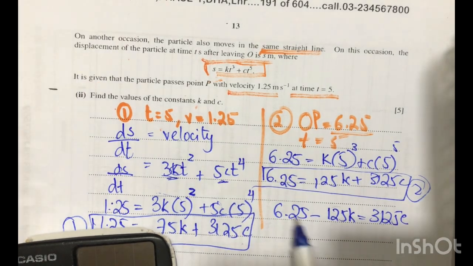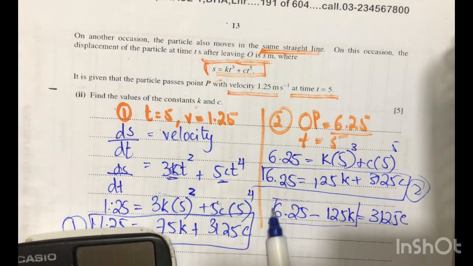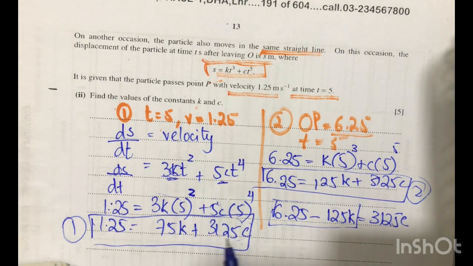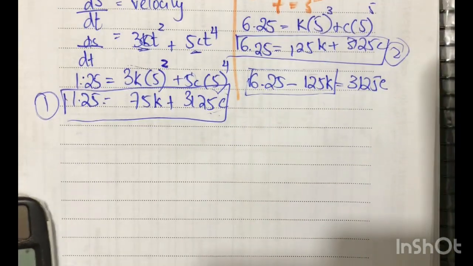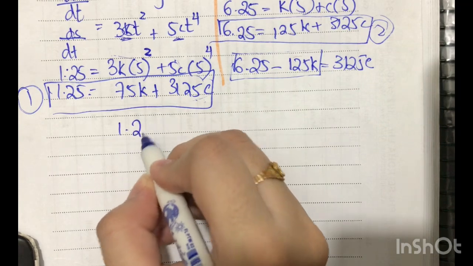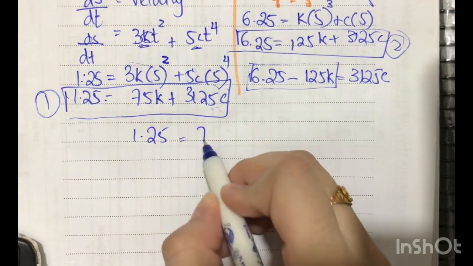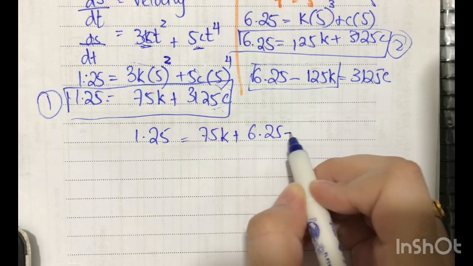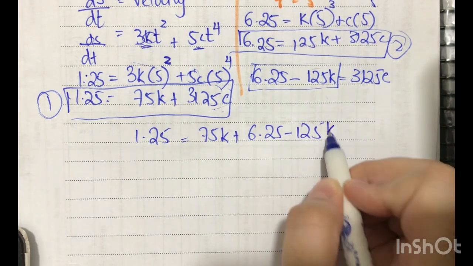Now we can substitute this value in place of 3125c. So this will become 1.25 is equal to 75k plus 6.25 minus 125k.